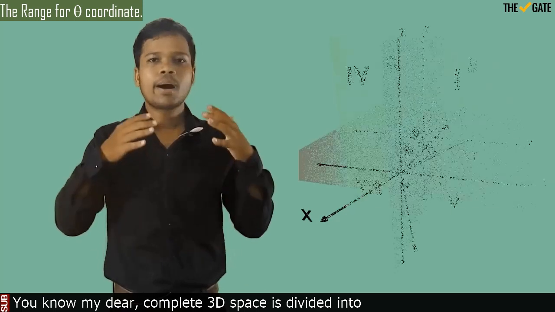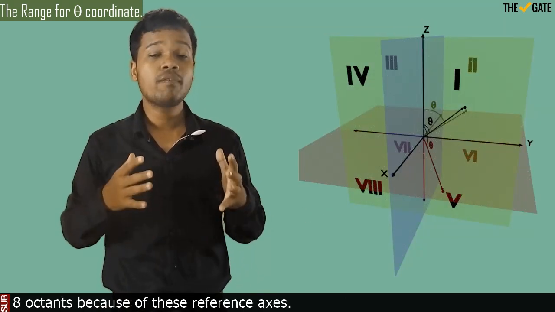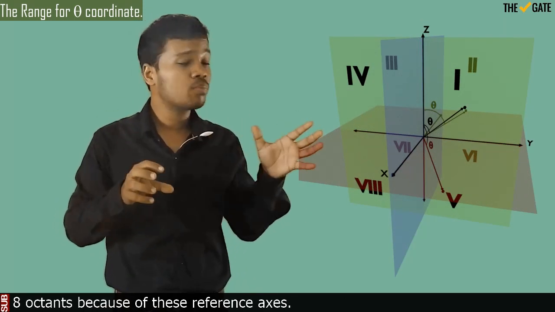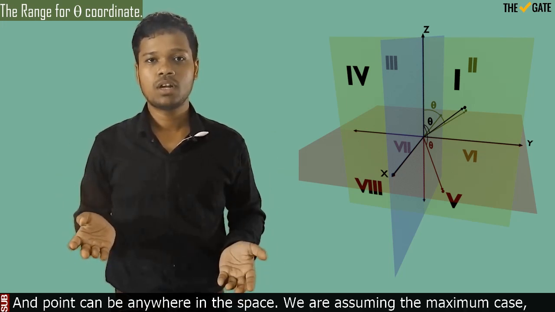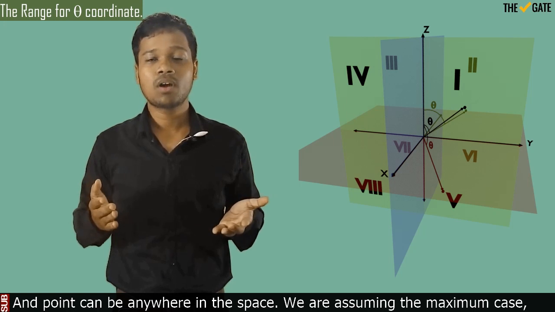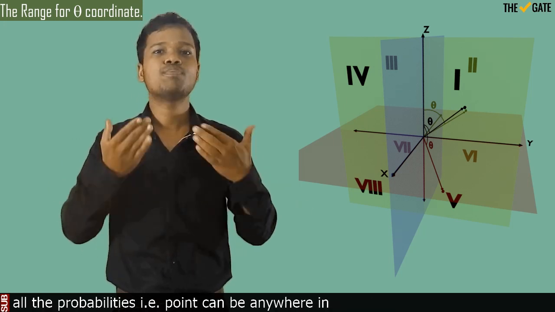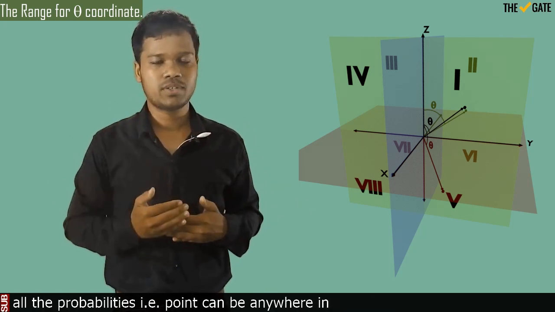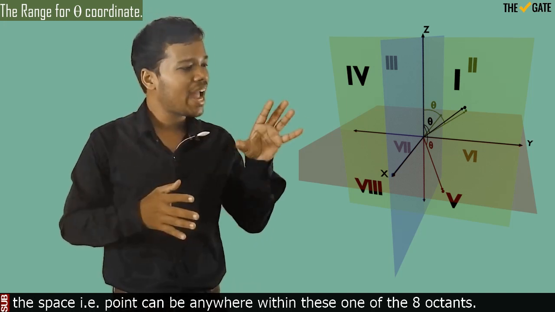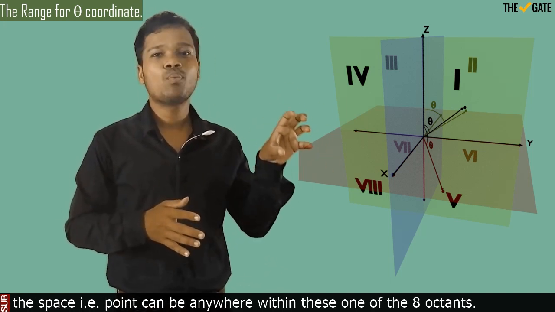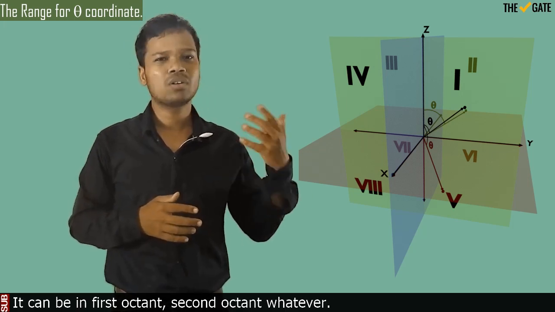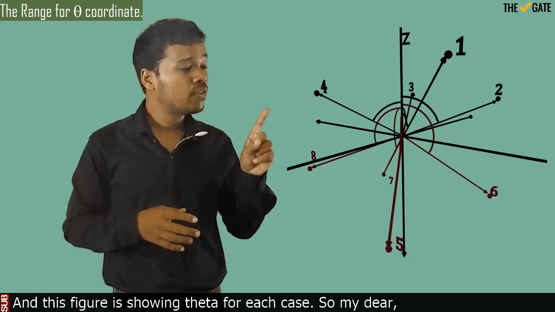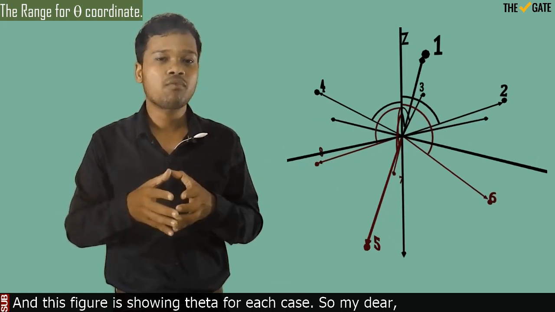My dear, the complete 3D space is divided into 8 octants because of these reference axes. And the point can be anywhere in the space. We are assuming the maximum case, all the possibilities. That means the point can be anywhere within one of these 8 octants. It can be in the first octant, second octant, whatever. And this figure is showing theta for each case.